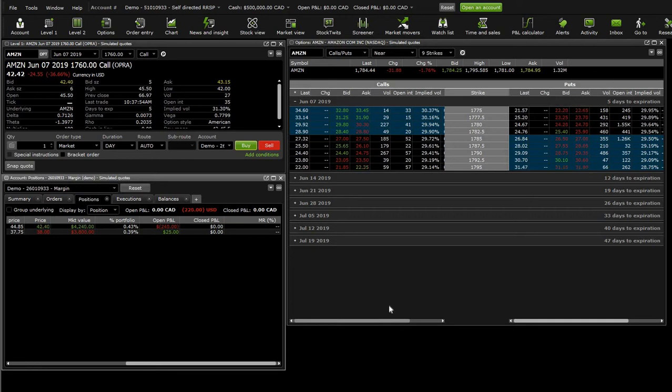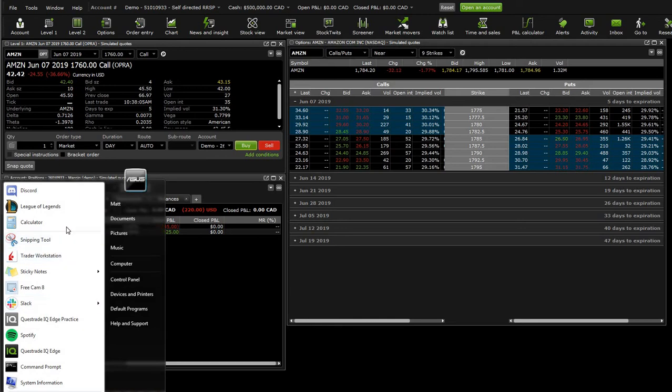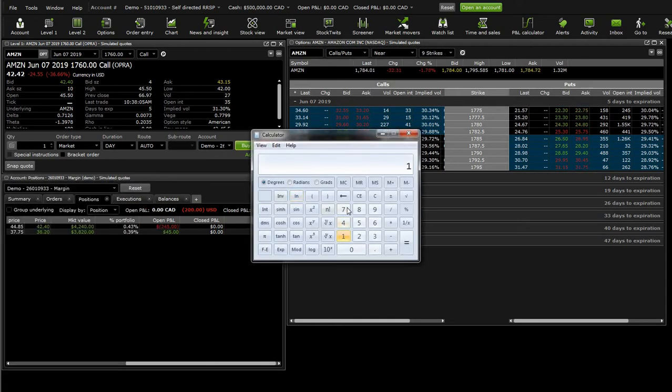Okay, so when I was talking about risk reward, in order to buy 100 Amazon contracts, it's going to be a lot of money, like 170,000, I think, for 100 shares. We'll get the calculator out, can't math right now, times 100 shares. $178,500 for 100 contracts.